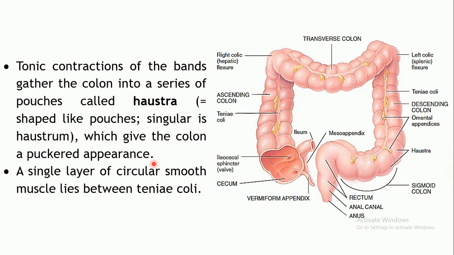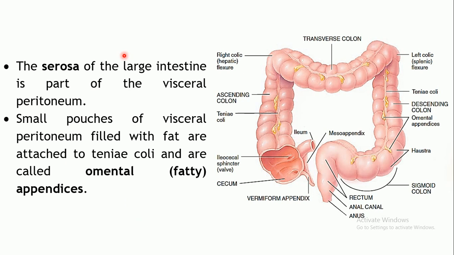Puckered means something which has folds and wrinkles on the surface. Apart from this, a single layer of circular muscle lies in between these taeniae coli.